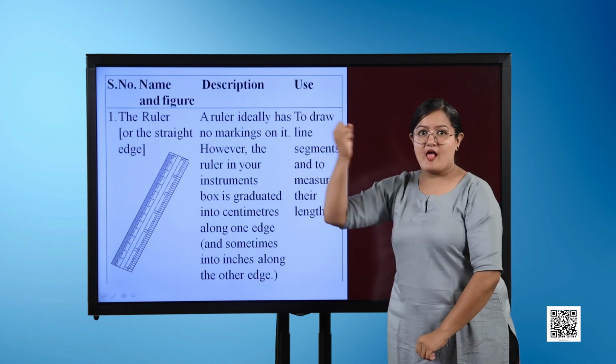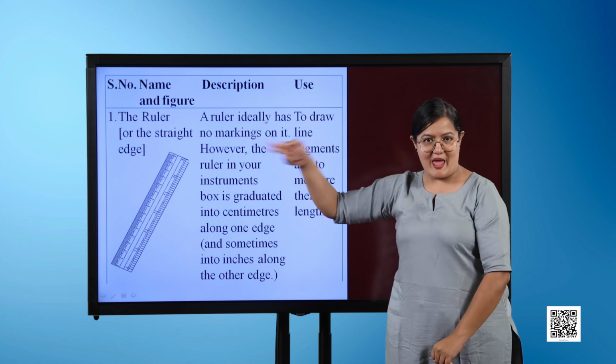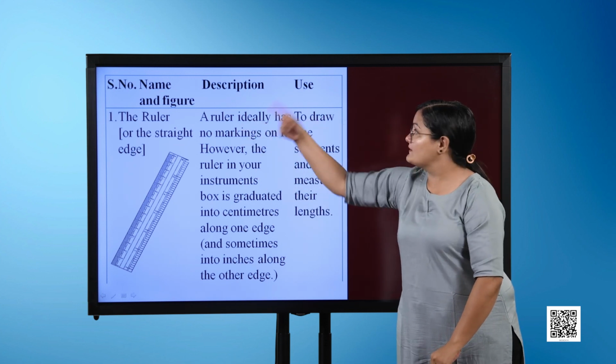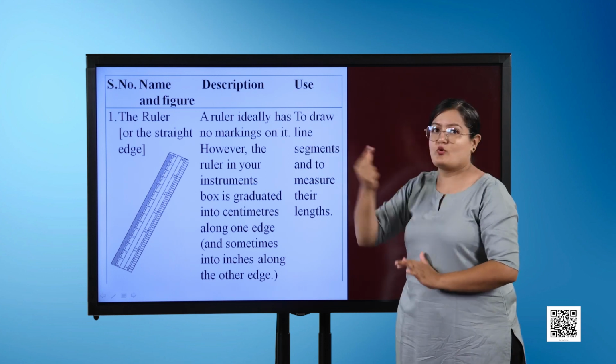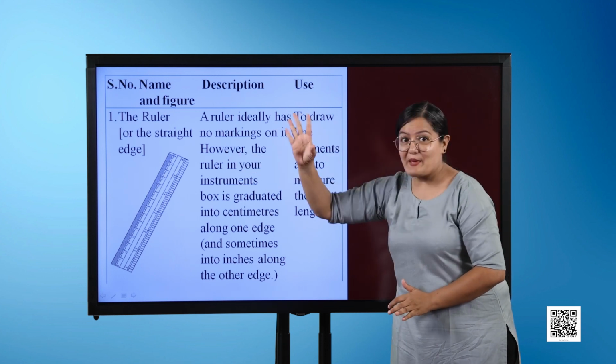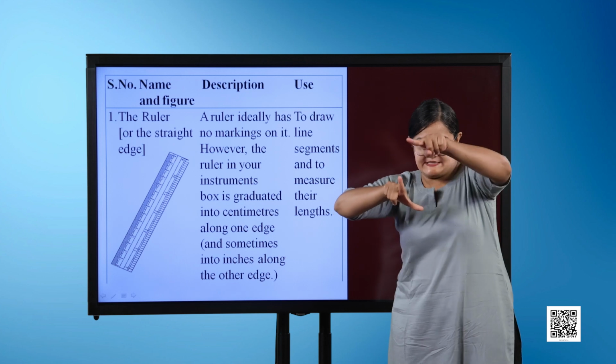Here is a tabular presentation. We have 4 columns. Column 1, serial number. Column 2, name and figure. Column 3, description, and column 4, use.